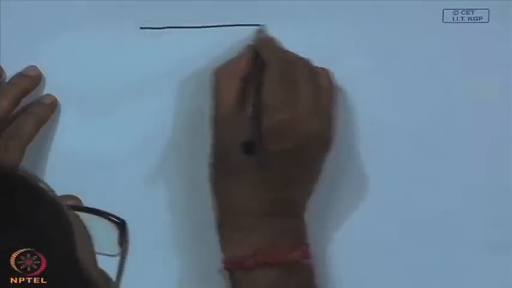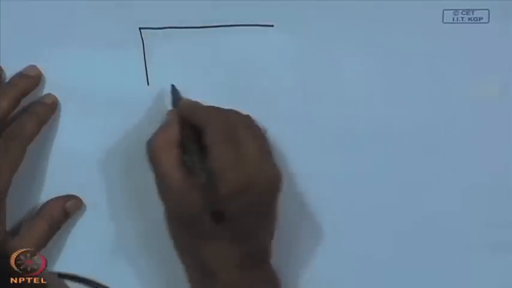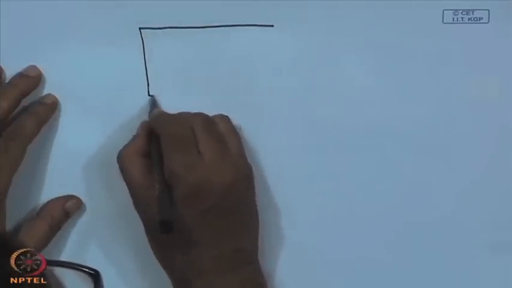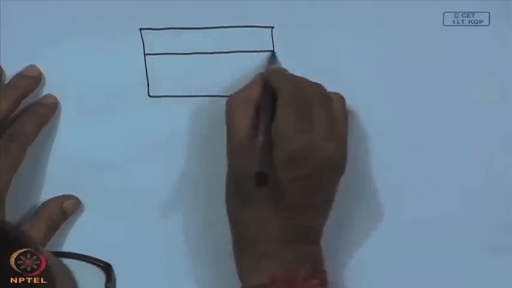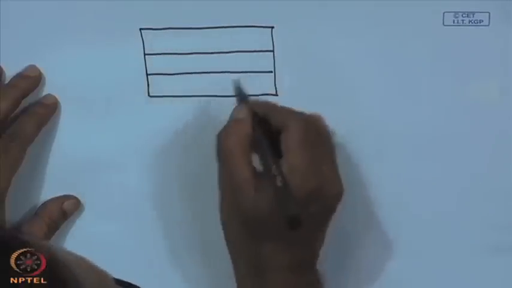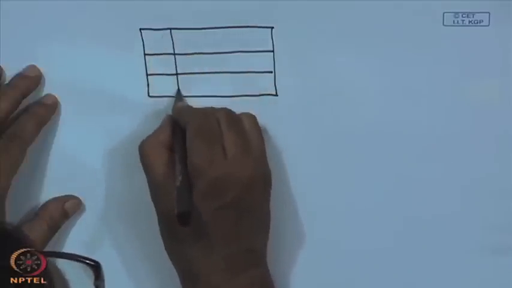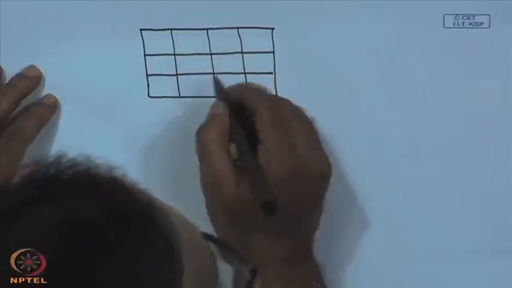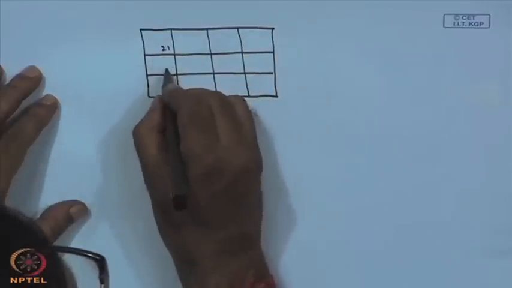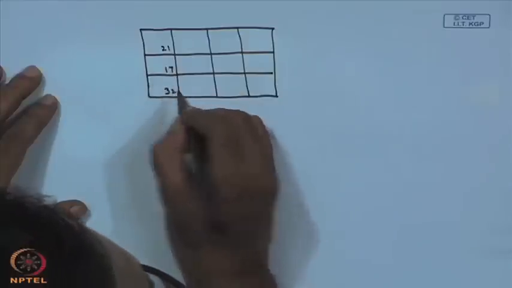We have a matrix on the same example we did in the last class. I am having 3 rows and 4 columns. Costs are 21, 17 and 32.